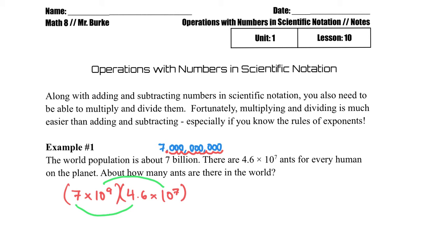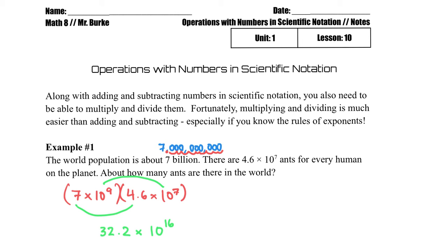If I multiply 7 times 4.6, I get 32.2 times, and now apply your exponent rules. When I multiply 10 to the 9th times 10 to the 7th, since 10 is the base, that stays the same, and I add my exponents, times 10 to the 16th.